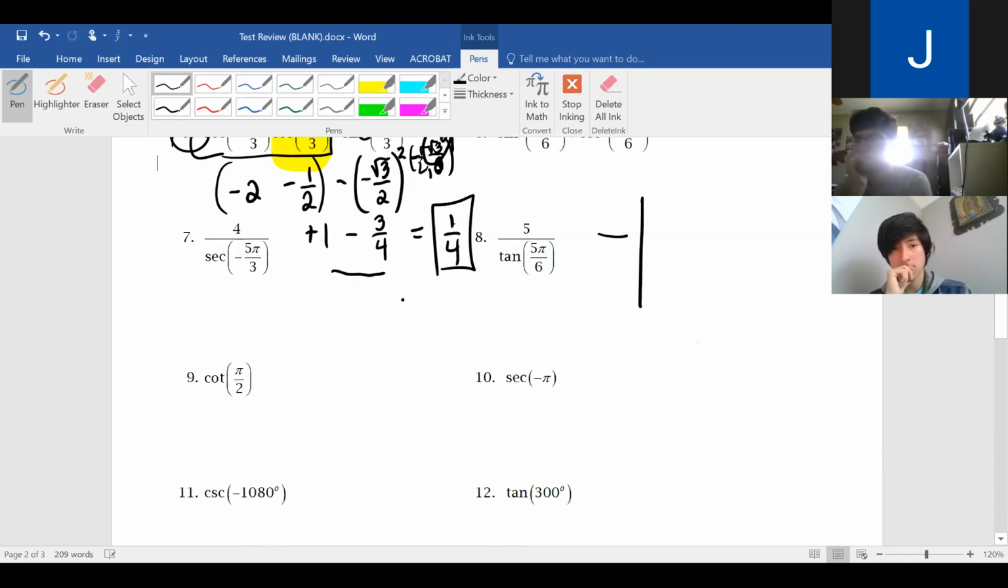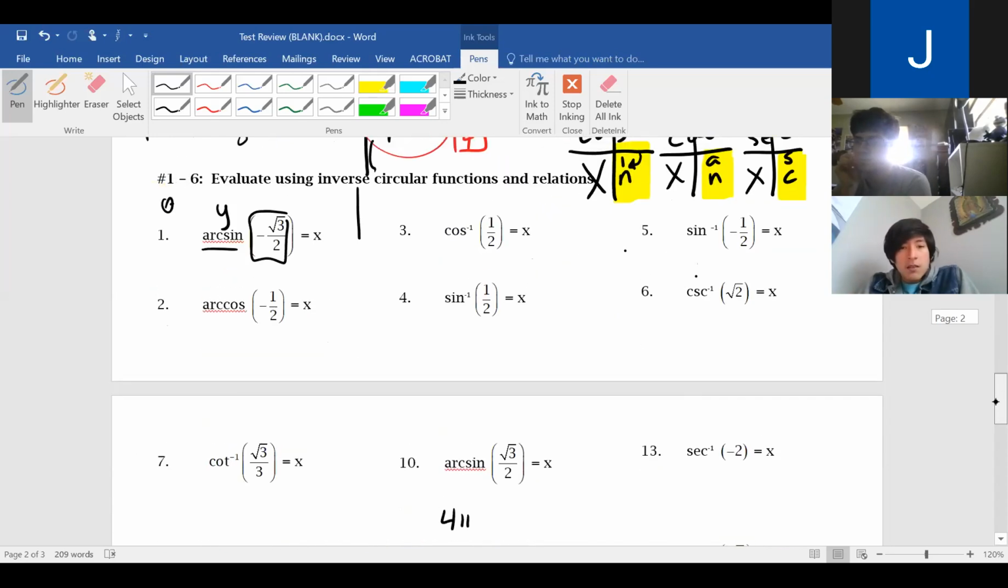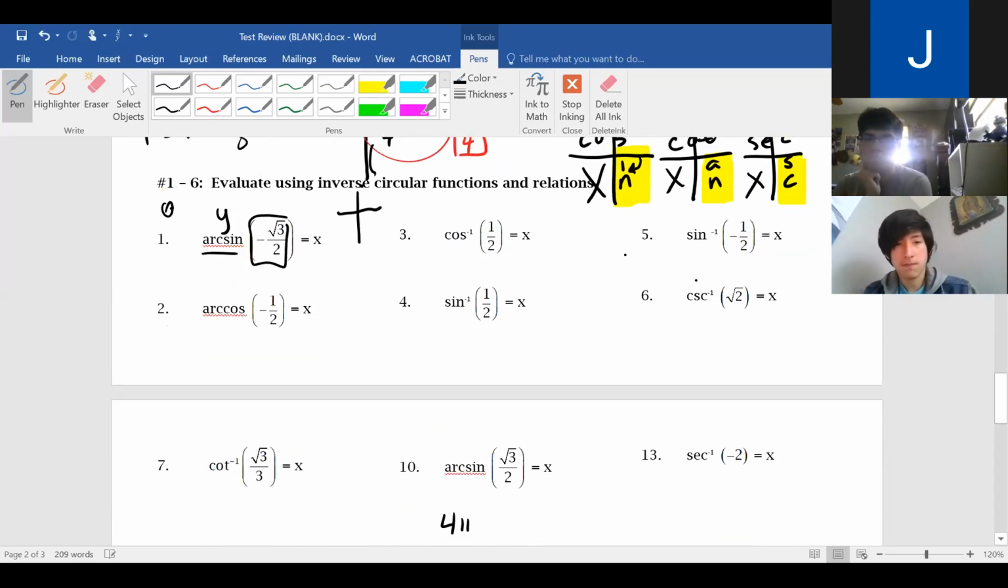If I look at my unit circle, the y ends up being negative down here. So that's the half negative root 3 over 2. And then the y is negative over here, where it's negative half, negative root 3 over 2.